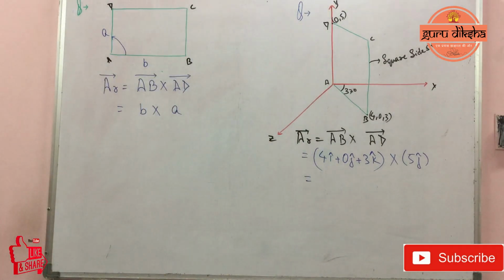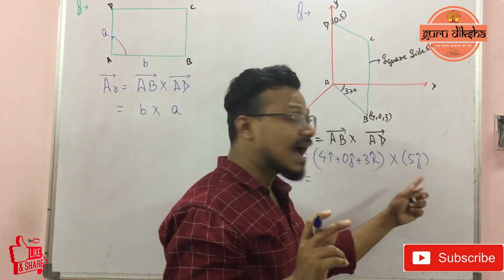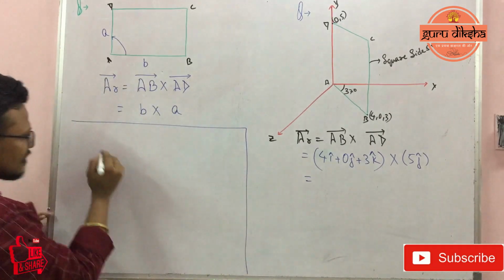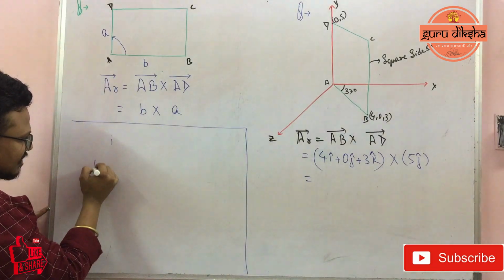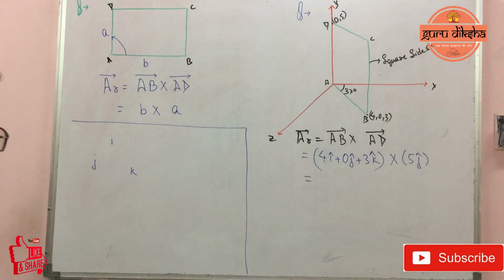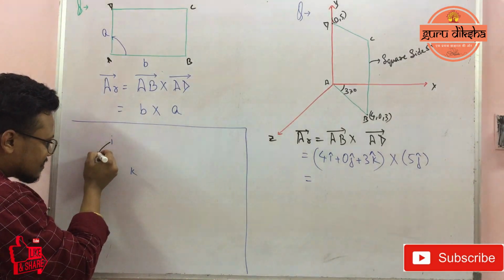5 cross... so i cross i is what? I cross i is... see, a little bit I'll show you here. Very small, like i, j, k.